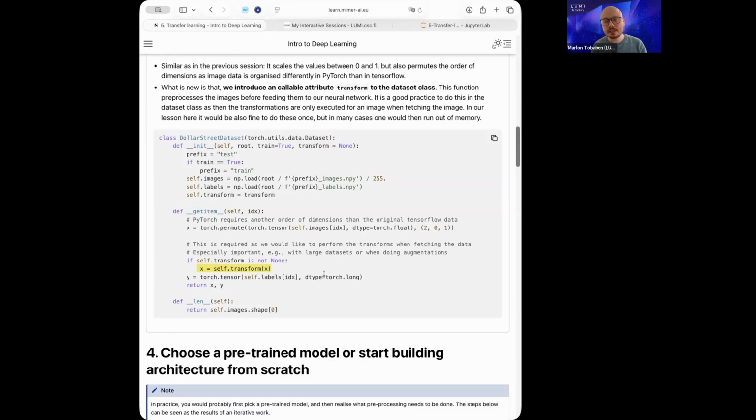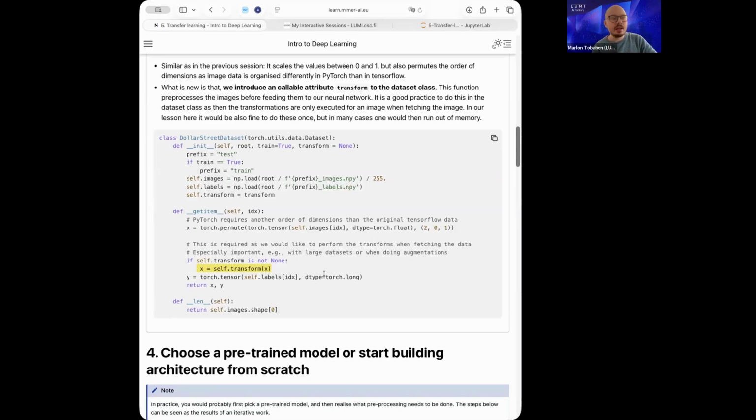So this is something where now we can do different things to the images, and it's powerful, it's easy to express a lot of transformations here.